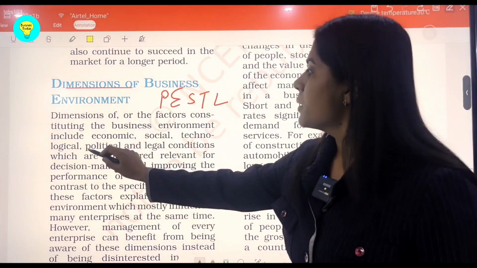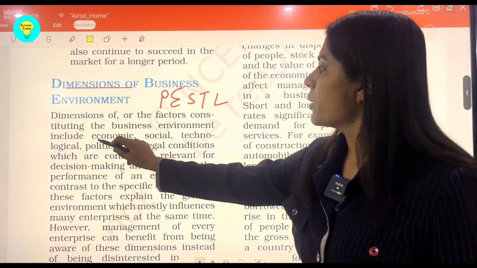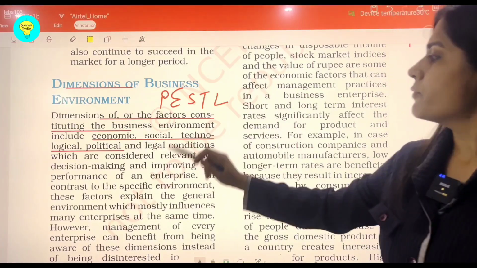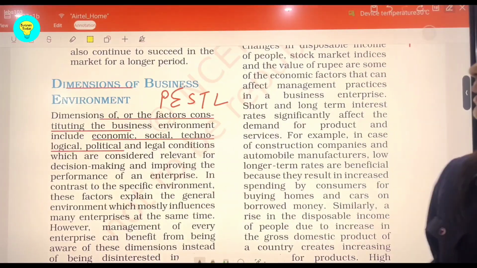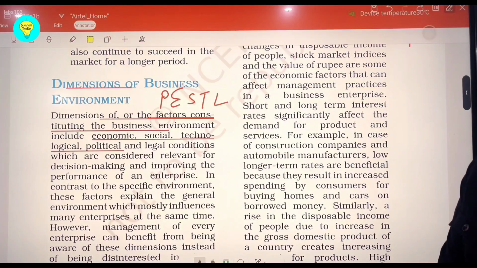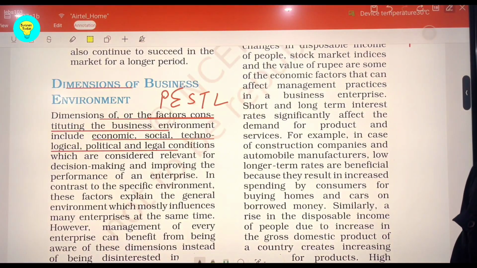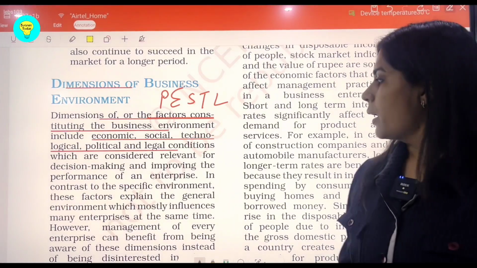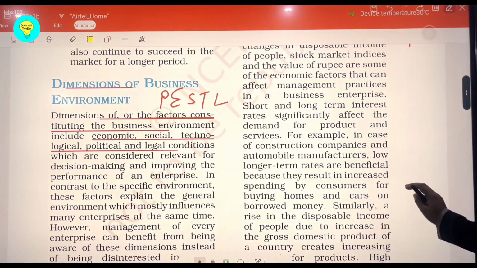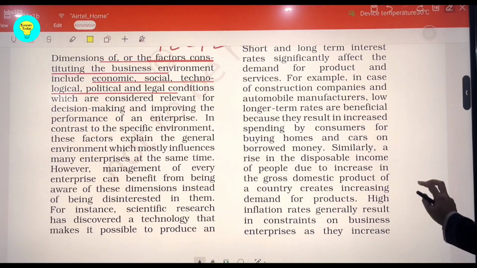It includes P for political, E for economical, S for social, T for technological, and L for legal conditions that affect the surroundings of the enterprise and that leads to the relevant decision making and also improving the performance if they work in coordination.